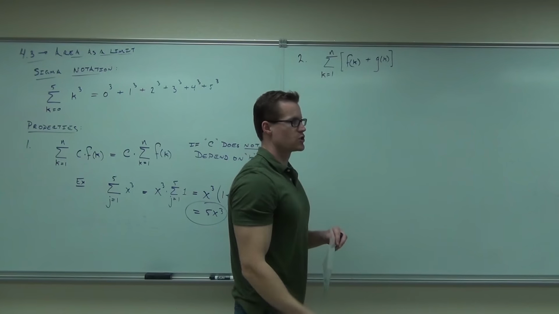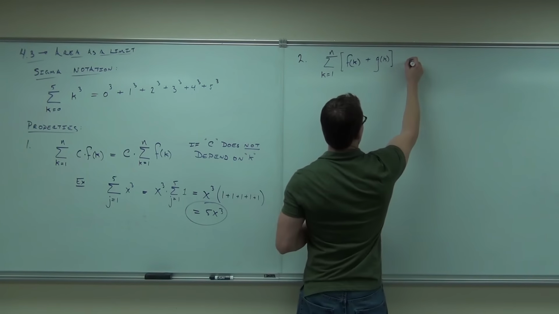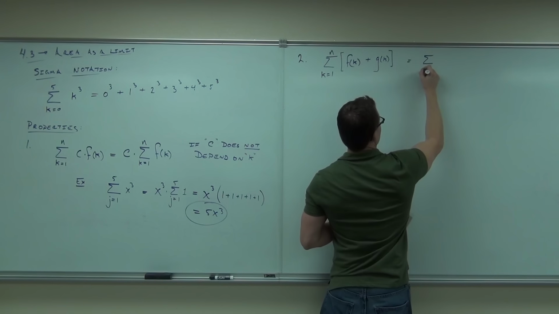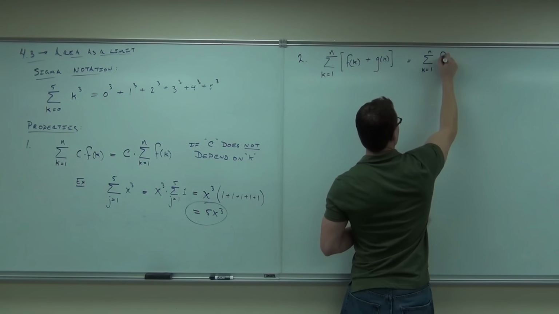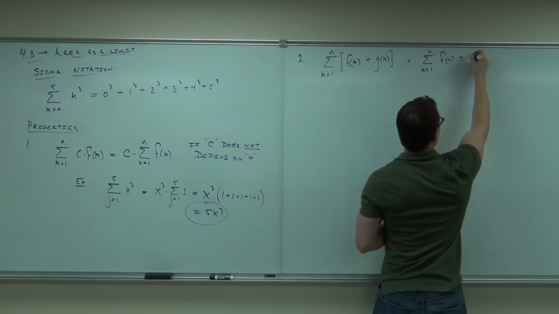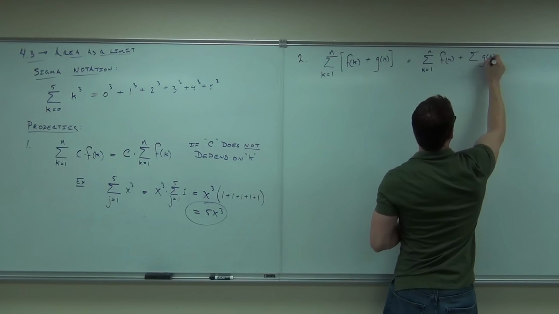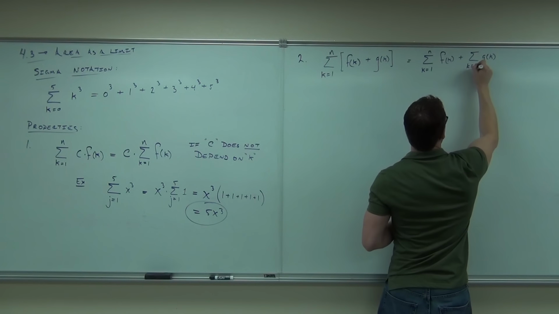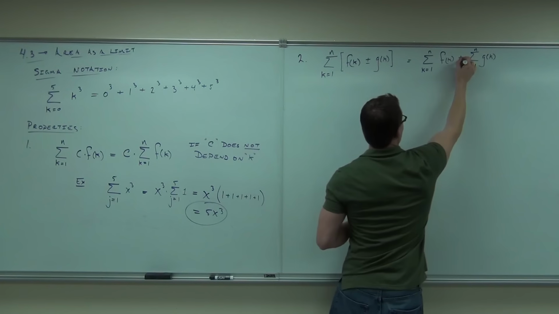So if you have a summation of two functions in terms of k that are being added together, it means that you can do the summation of the first function plus the summation of the second. And it also works with subtraction.